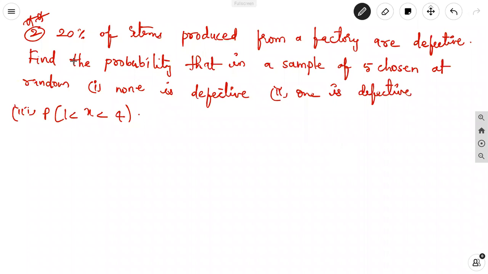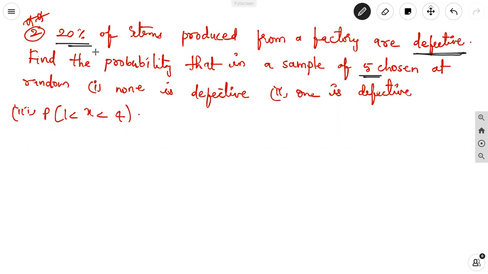Second question is 20 percentage of items produced in a factory are defective. Find the probability that in a sample of 5 chosen at random, that is nothing but n is equal to 5, the probability of the defective items equal to 20 percentage, that is nothing but 0.2.